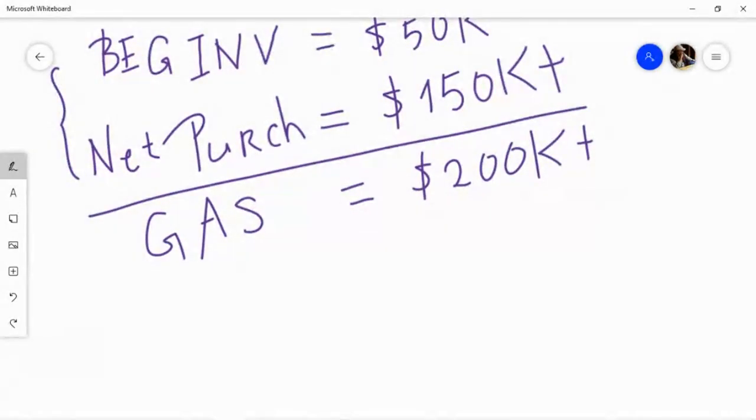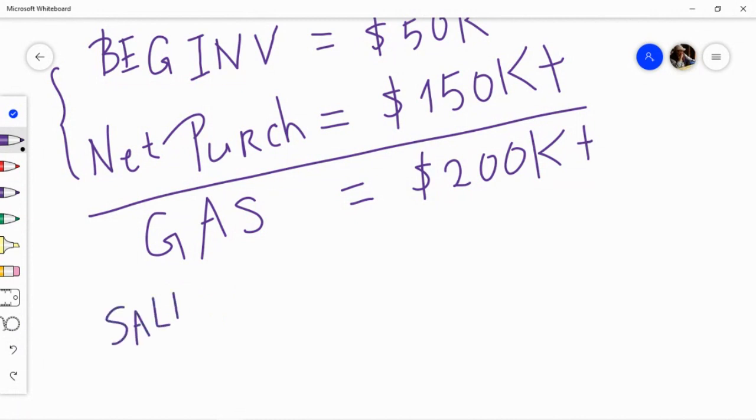What should happen next is the sale, which is revenue, basically. The result of sale is revenue.